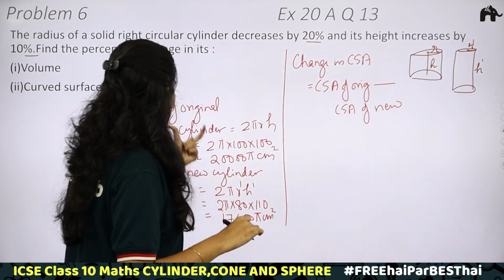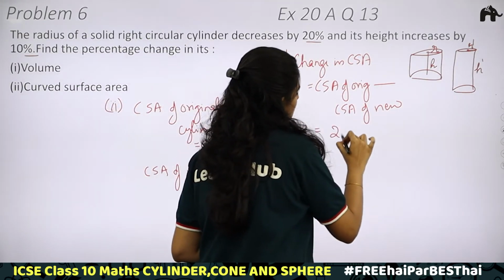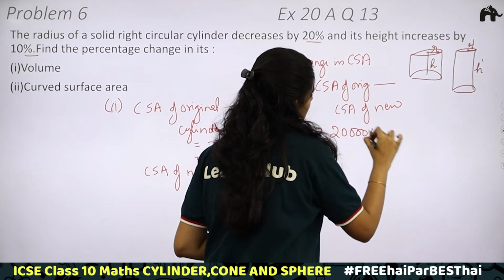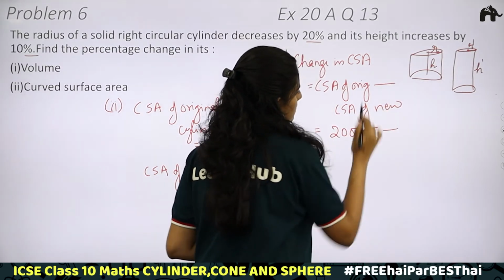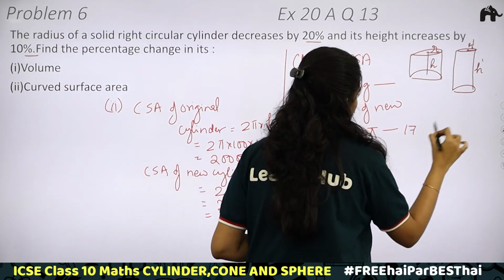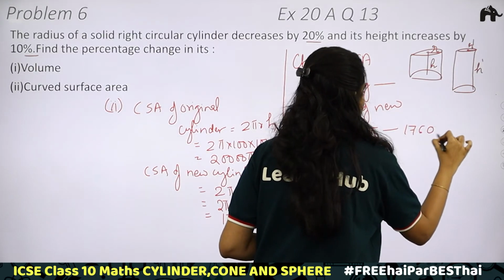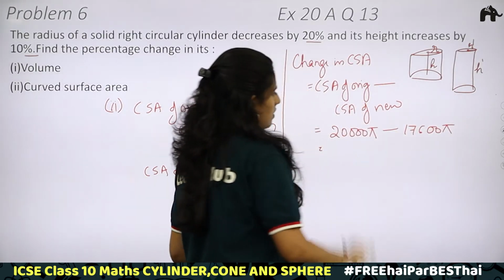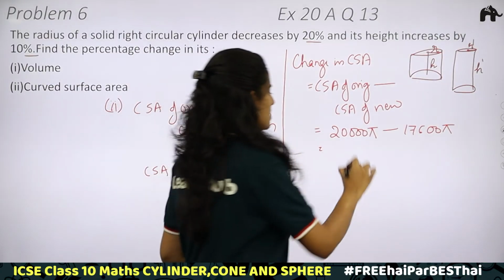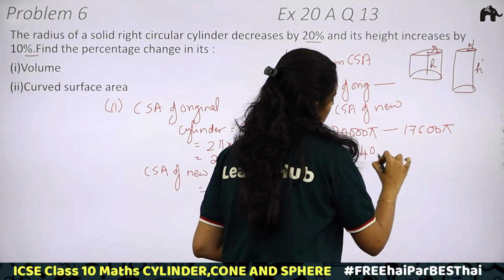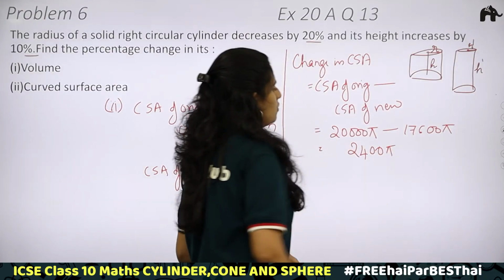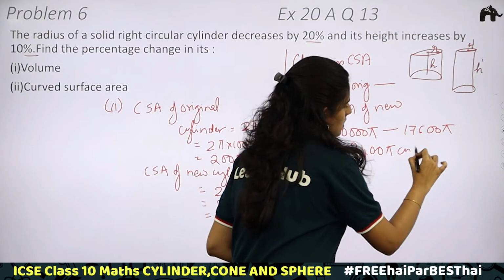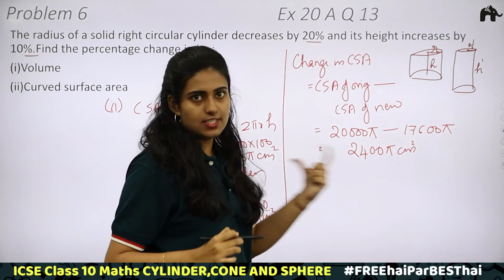Curved surface area of the original cylinder is equal to 20,000 pi minus curved surface area of the new cylinder, 17,600 pi. On subtracting this, we get 2,400 pi. So 2,400 pi centimeter square is the change in curved surface area.